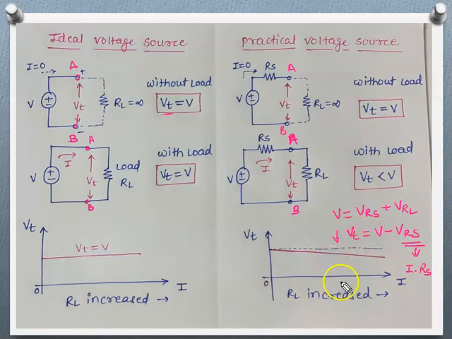That means when we plot the curve, as the current increases, Vt reduces. When there is no load, Vt equals the supply voltage V, but when the current increases, Vt decreases, due to the voltage drop across this internal resistor.